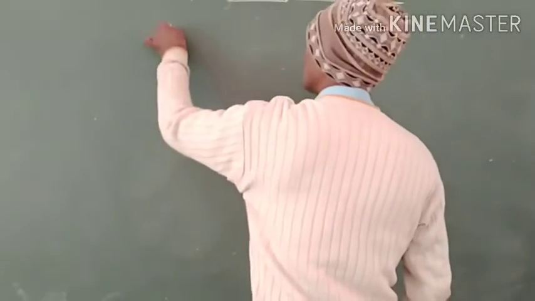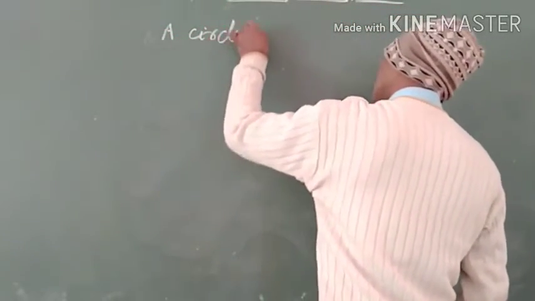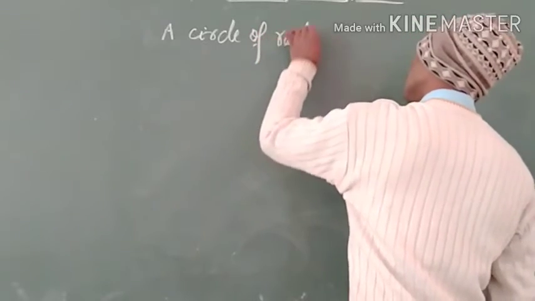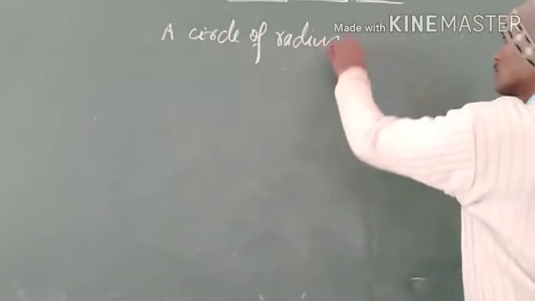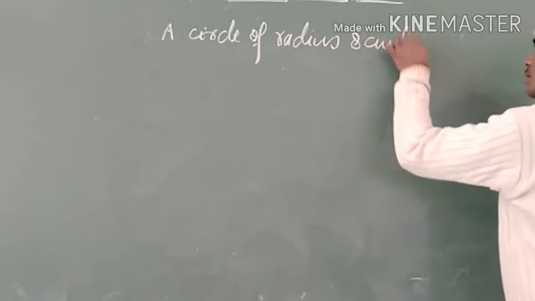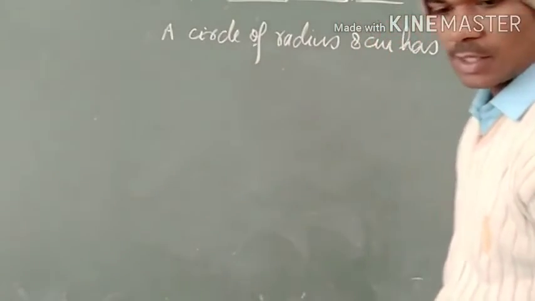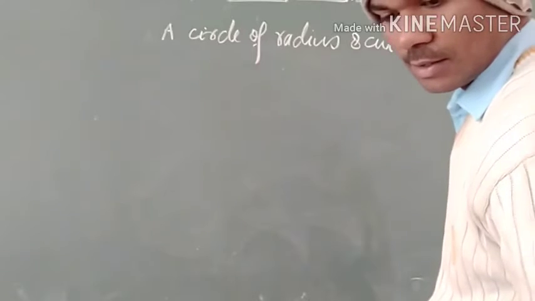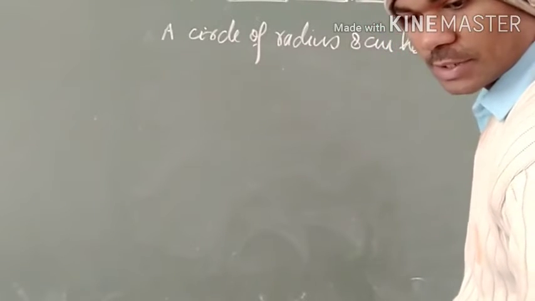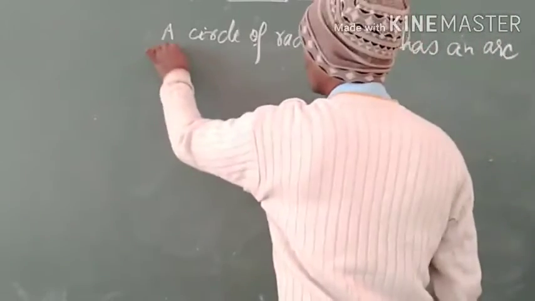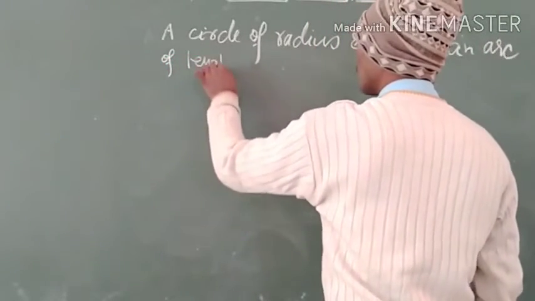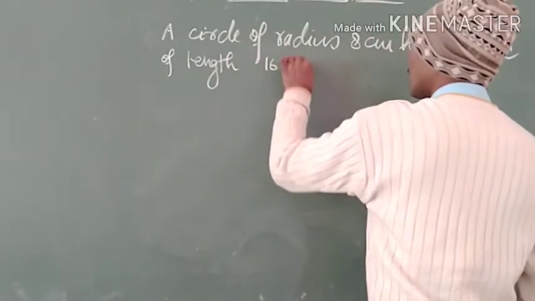A circle of radius 8 centimeter has an arc of length 16 centimeter.